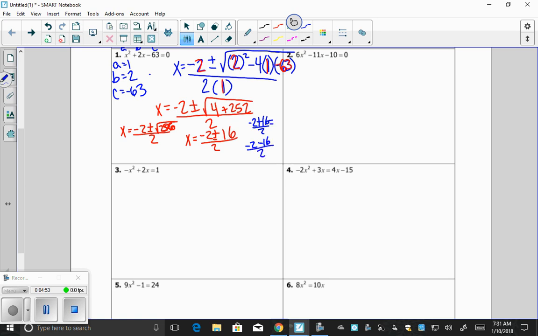Well, negative 2 plus 16 is going to give me 14 divided by 2, which is 7. My second answer is going to be negative 2 minus 16, and it's going to give me negative 18 divided by 2, which gives me negative 9. So my answer to problem 1 is x equals 7, negative 9.